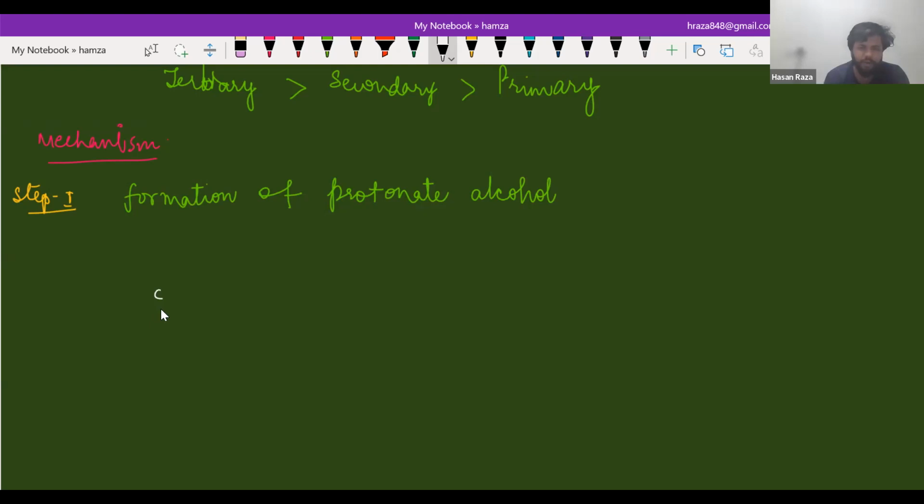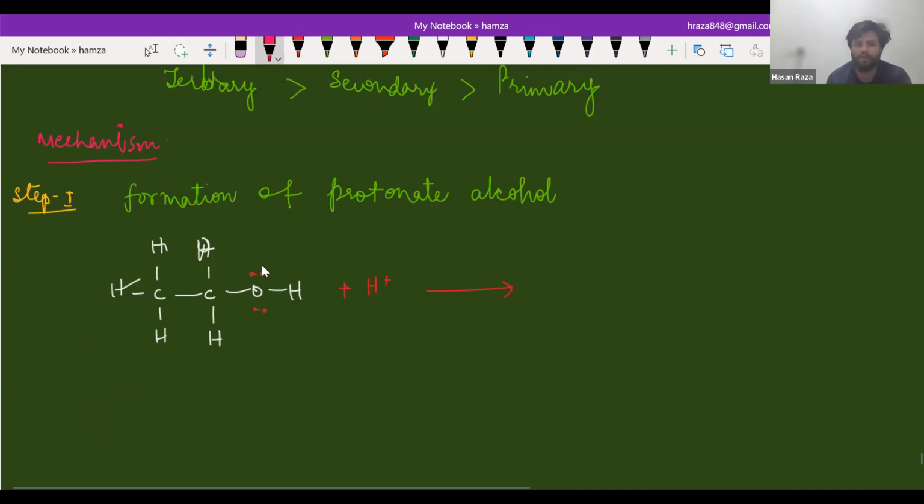So I'm going to take ethanol, and I'm going to write ethanol like this. You know this is H, and you also know that this is OH, in which oxygen will have 2 lone pairs. If you react this with H plus, that means proton, what will happen?